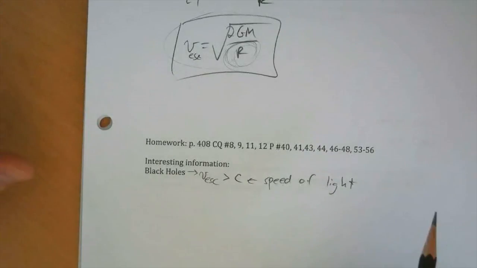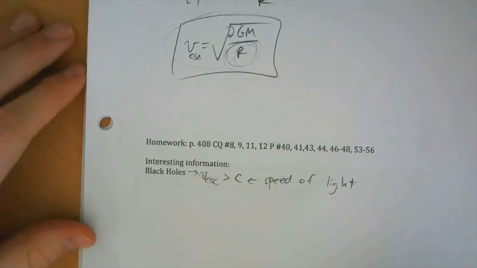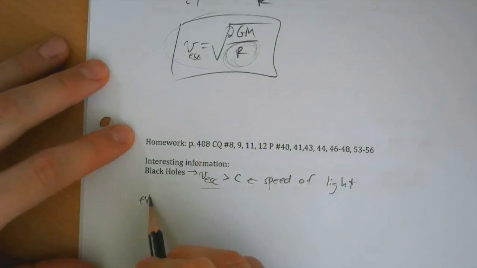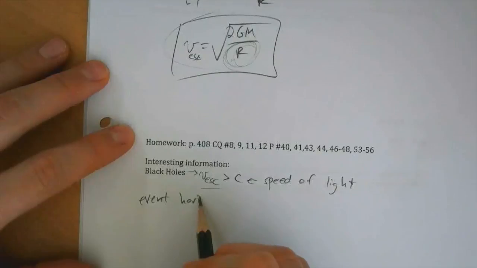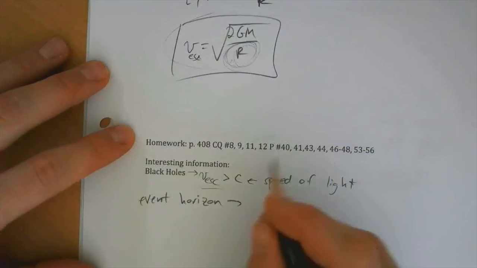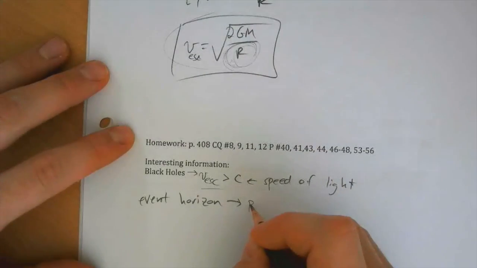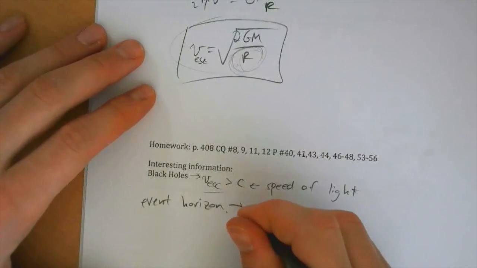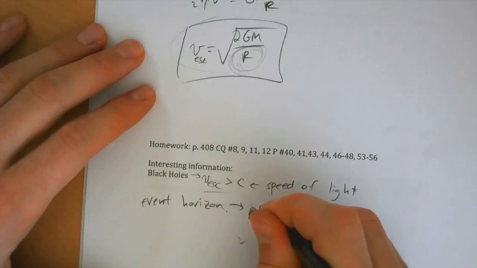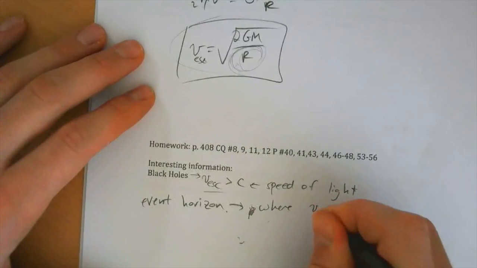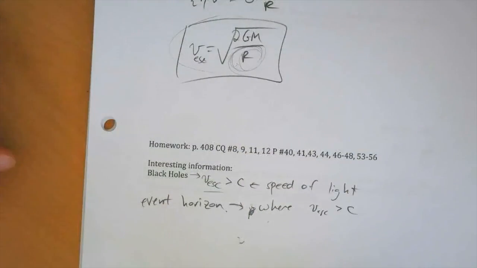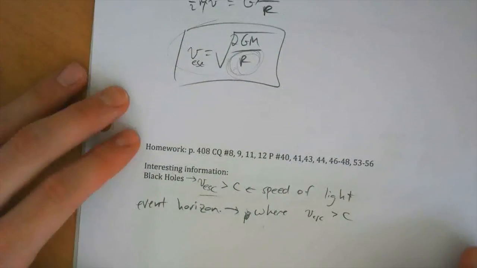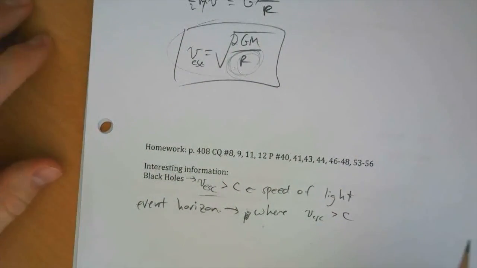So light can't get out from beyond this point, which is called the event horizon. The event horizon is a sphere where the escape velocity becomes greater than c. At any point inside that, escape velocity is greater than c, so light can't get out.